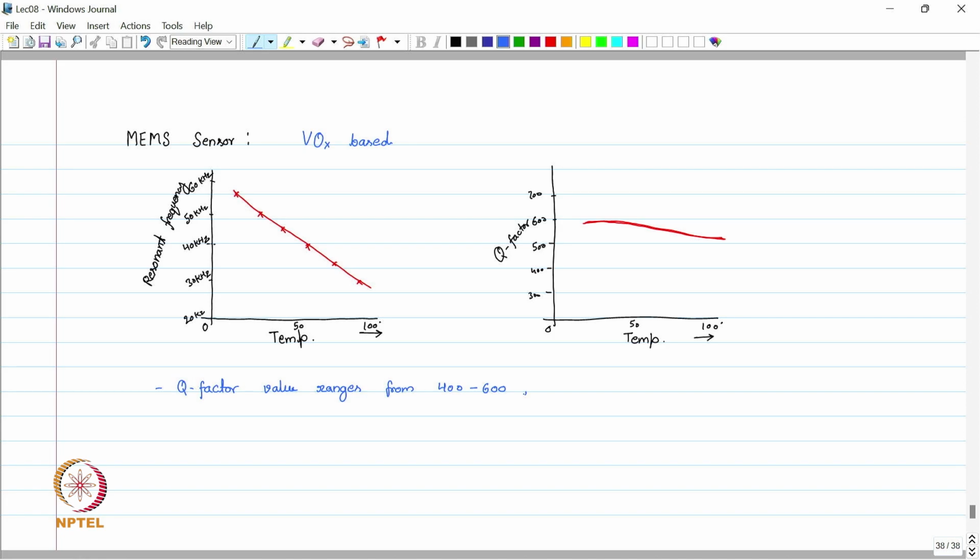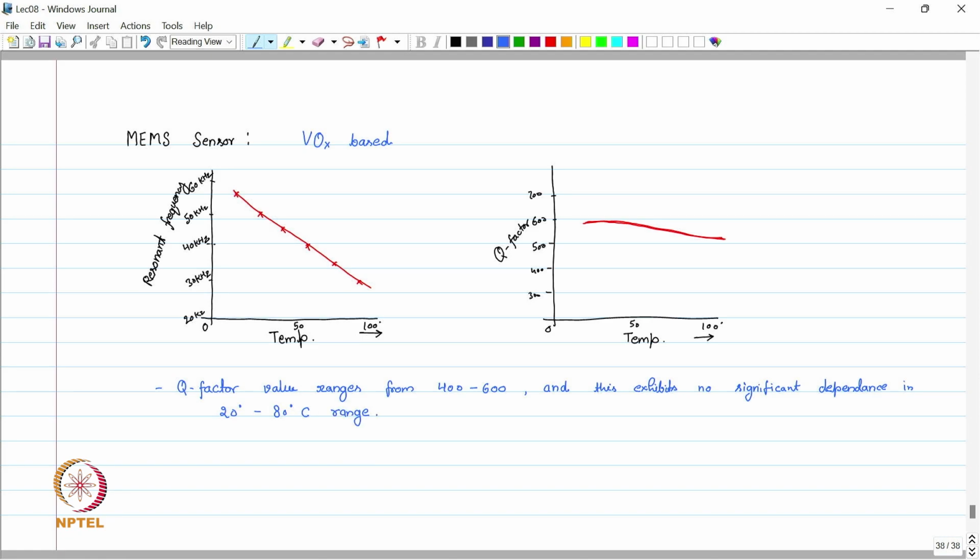Of course, it depends on the dimensional properties of the micro cantilever, and this exhibits no significant change or significant dependence in the 20 to 80 degrees centigrade range.